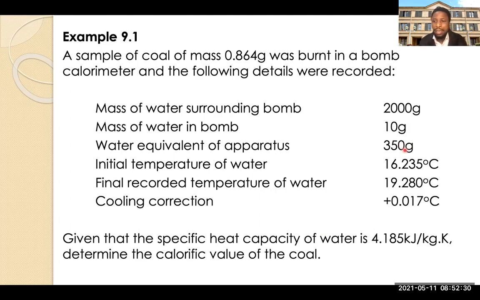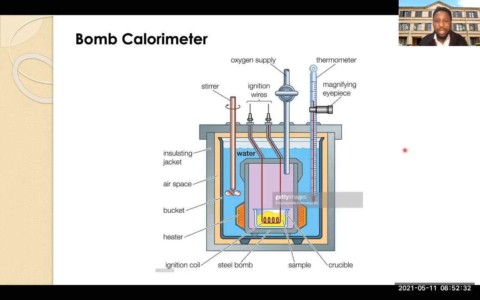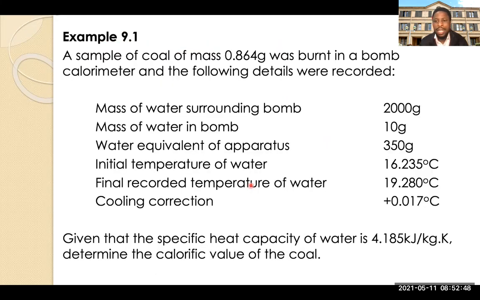If you remember your Archimedes principle, this apparatus has been submerged in that water. So it means that there's the space that this occupies. The space that this occupies, that is the water equivalence of apparatus. So I'm trying to explain this so that when we look at the calculations, it will be clearer.